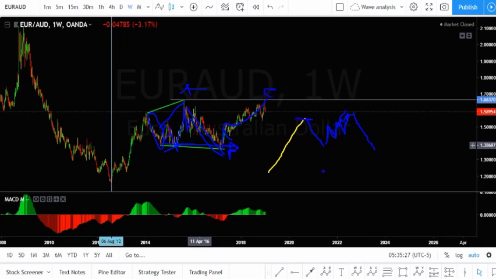So remember, when we break the top, always make sure, and we'll go into more depth in the patterns lesson, that you at least have two impulses in your correction on a lower time frame.